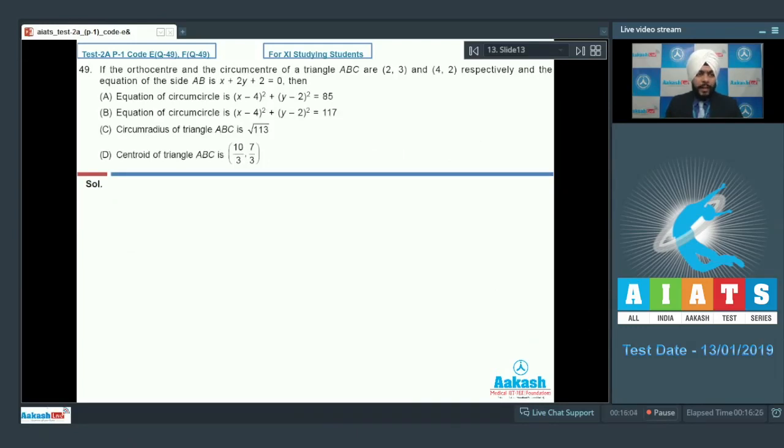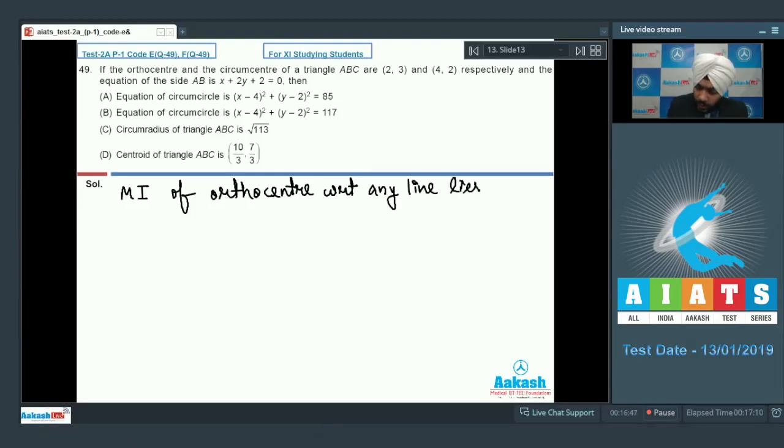Question number 49, it says that if orthocenter and the circumcenter of triangle ABC are (2, 3) and (4, 2) respectively, and the equation of side AB is x plus 2y plus 2 equals 0, then we need the equation of circumcircle, circumradius and centroid. Okay, we know the fact that mirror image of orthocenter with respect to any line lies on the circumcircle.